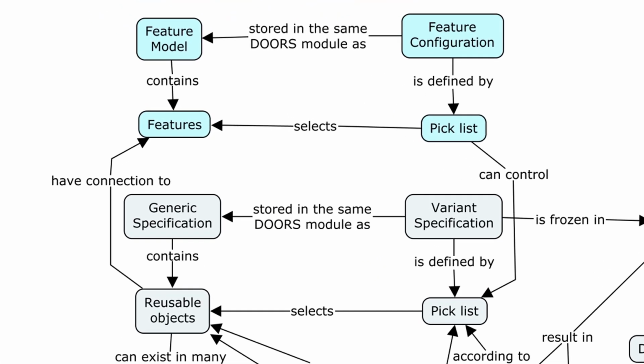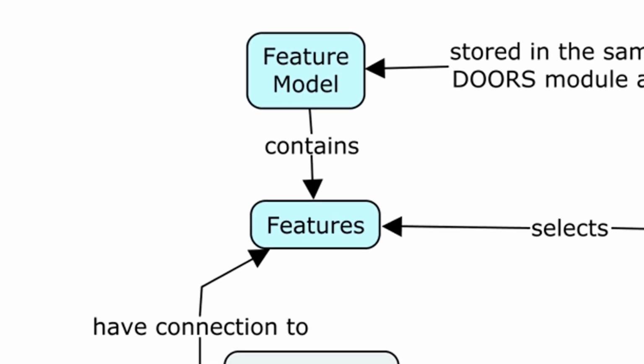DEXVariants therefore includes an add-on for feature modeling. Feature modeling allows you to model the constraints of the selection. The idea is to control the selection in variant specifications automatically based on the selection of features done in the feature model. A feature model contains a set of features and is stored in a separate DOORS module.